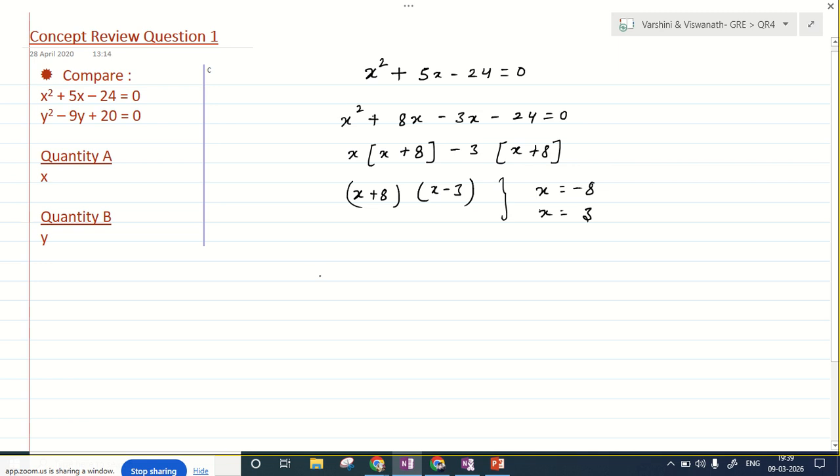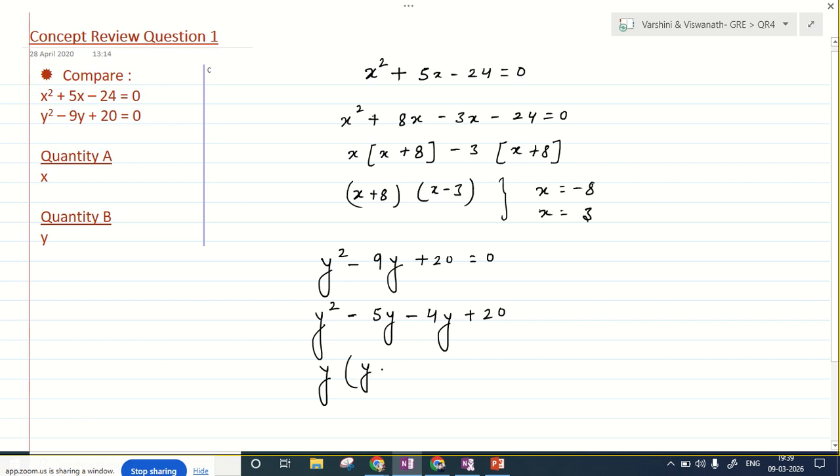Now let's do the second one. y square minus 9y plus 20 equals 0. Let's factorize it. y square minus 5y minus 4y plus 20. So y take common, so y minus 5, correct, no?